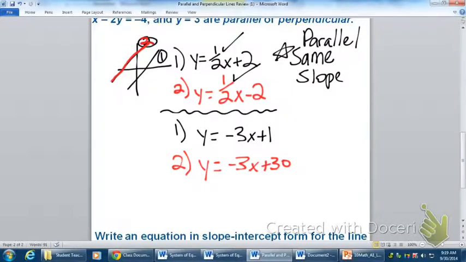Yes, they would, because the only thing you need to look at to determine if it's parallel is the slope. So in this case, both of these lines have a negative 3 slope. So they are parallel.